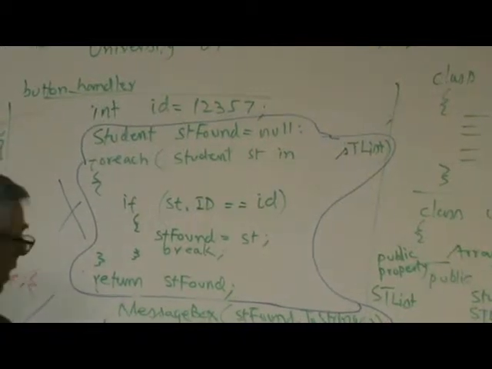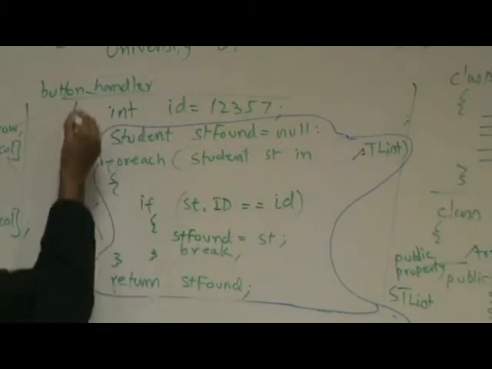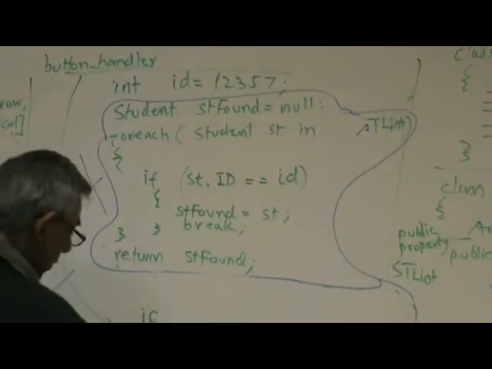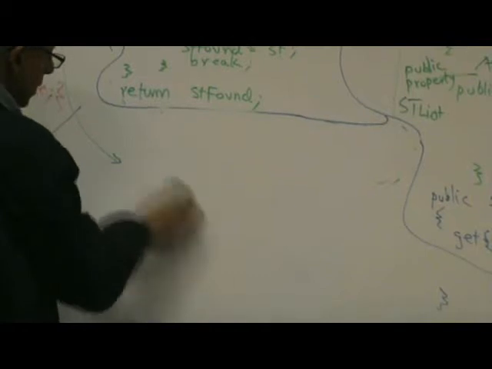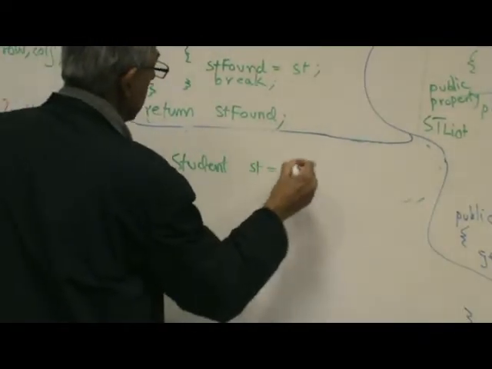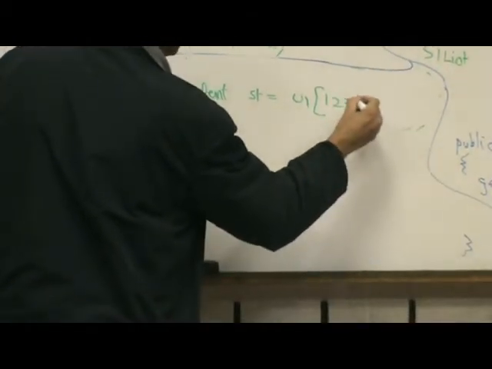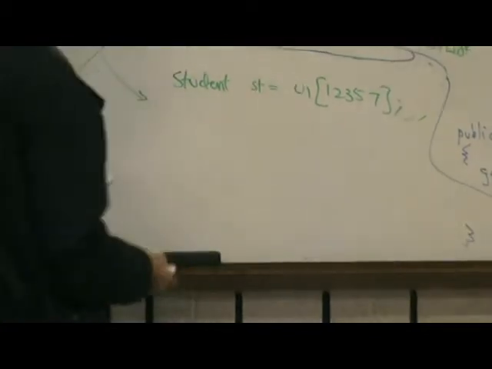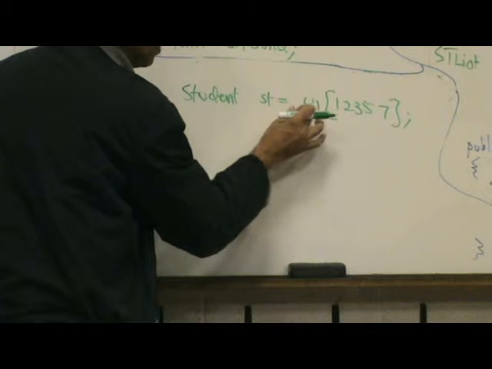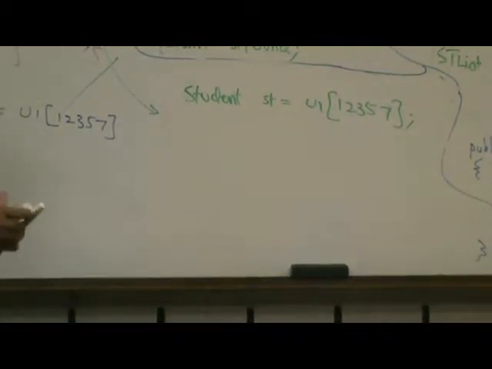We can simply write a small if statement over here. So our button handler will look like, okay, first let's go Student st equal to u1 of 1, 2, 3, 5, 7, correct? So once we write it like this through the university object, we are providing the indexer.